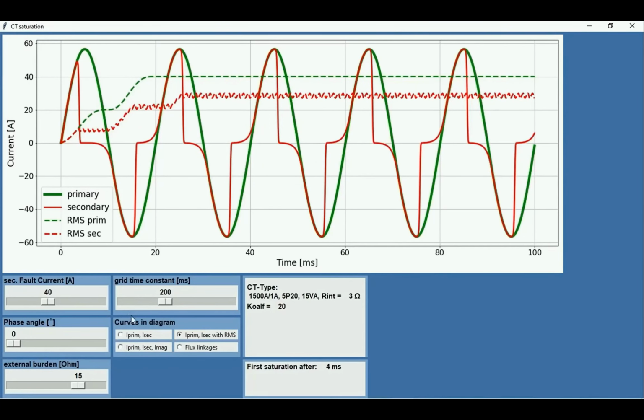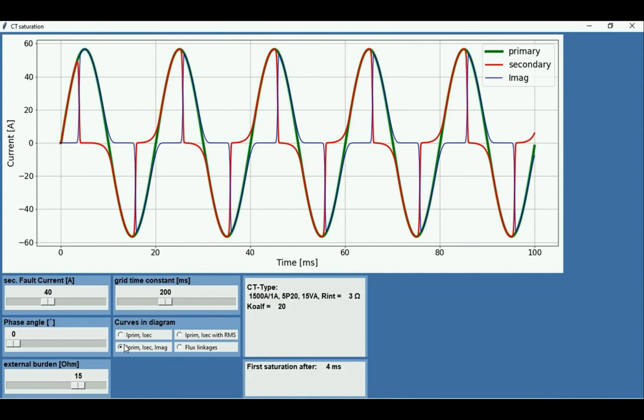I would like to show one additional thing in this slide, that is the magnetizing current. Remember, the magnetizing current is what causes the difference between the ideal current and what we measure. In this diagram you see here in blue the magnetizing current. At the beginning of each half period the magnetizing current is nearly zero, and that means the red curve and the green curve are together.